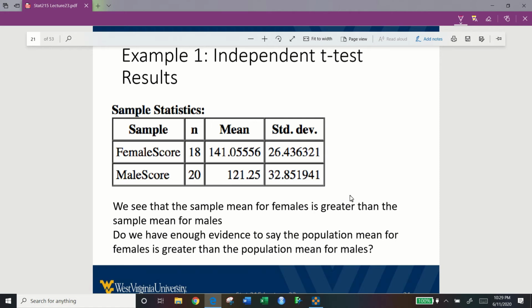We can see that the sample mean for females is greater than the sample mean for males. But just because the means appear to be different, that doesn't mean we have enough evidence to truly say that the population mean for females is greater than the population mean for males.